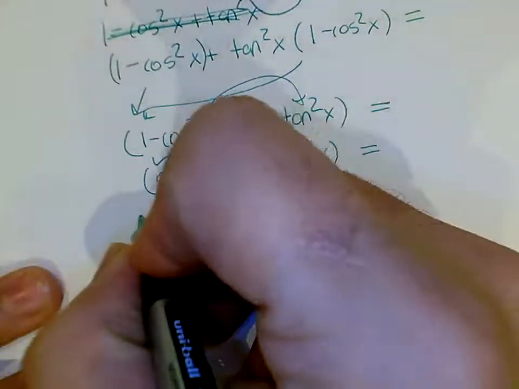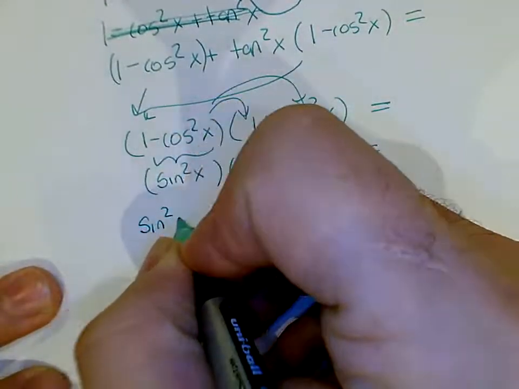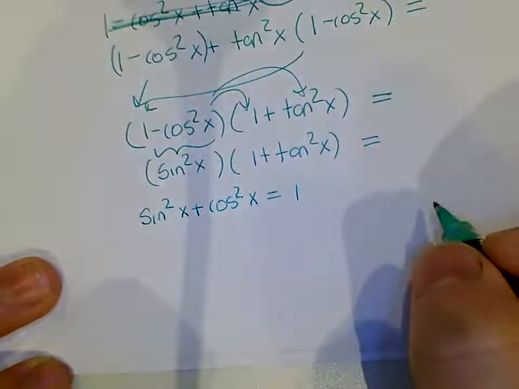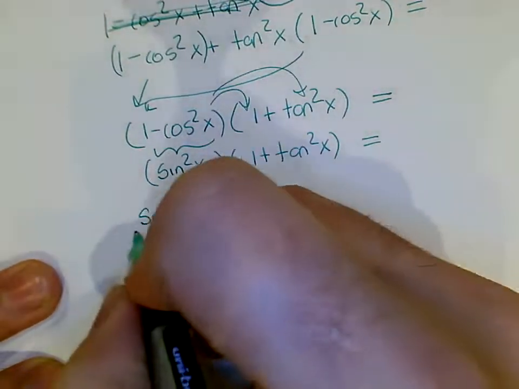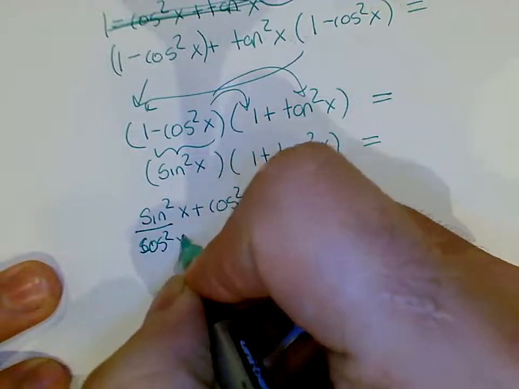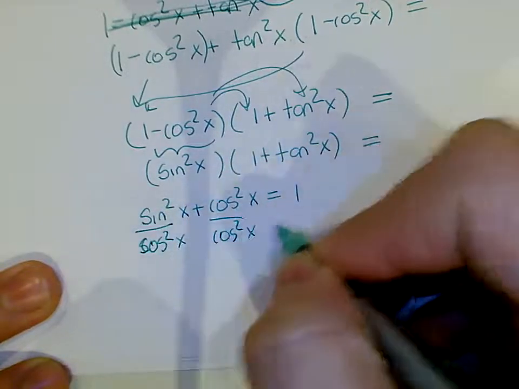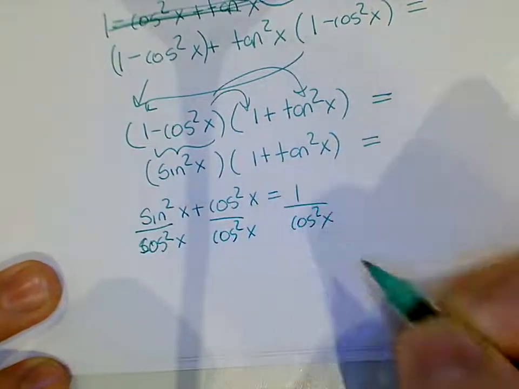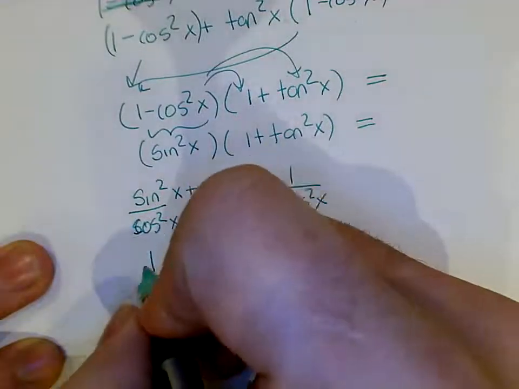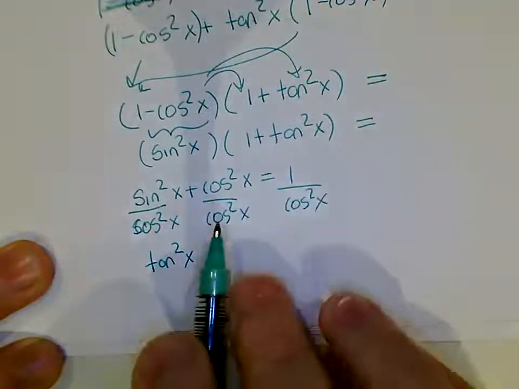But you remember the Pythagorean identity? Sine squared x plus cos squared x equals 1. Let me manipulate it a little bit. And let me divide everything by cos squared x. So what I end up with is sine squared x over cos squared x, which is tan squared x.